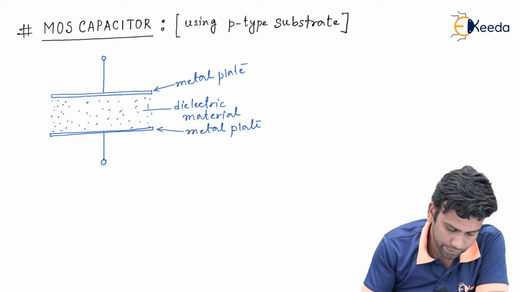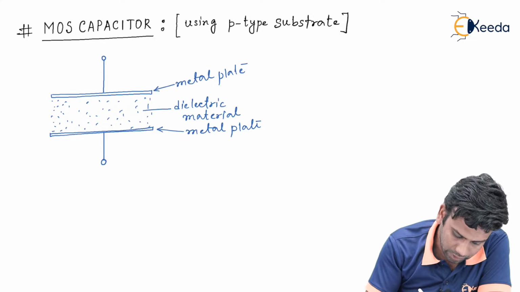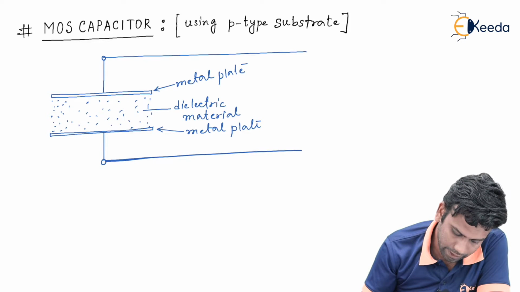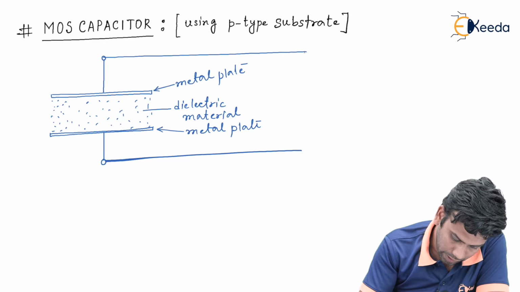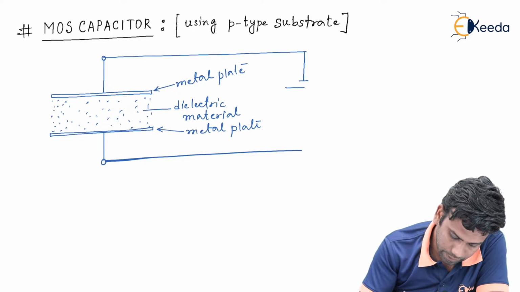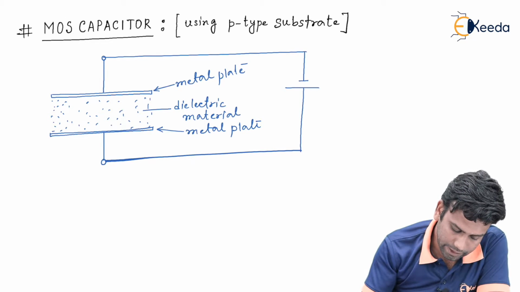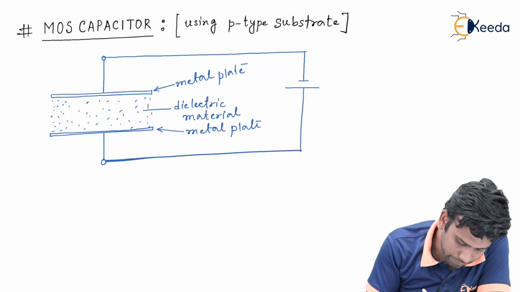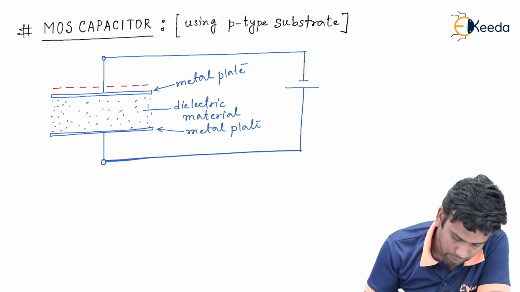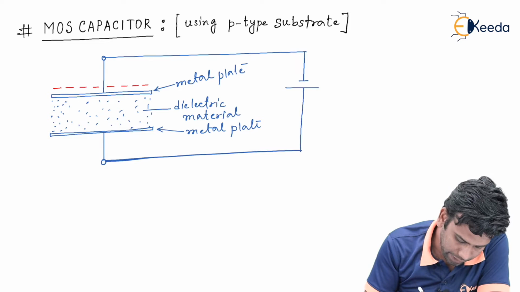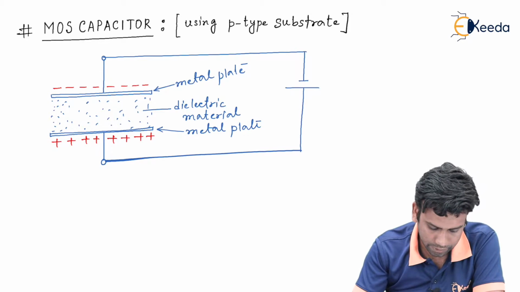Now if we give a negative potential to the upper metal plate and positive potential to the lower metal plate, then we can say that negative charges will accumulate on the above metal plate and positive charges will accumulate on the below metal plate in this fashion.